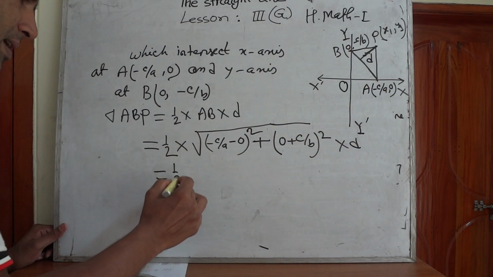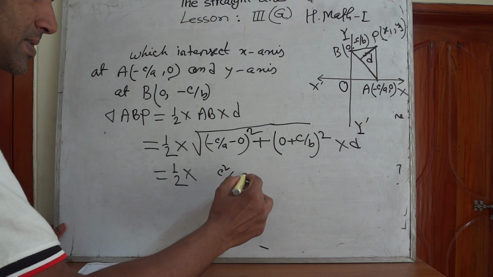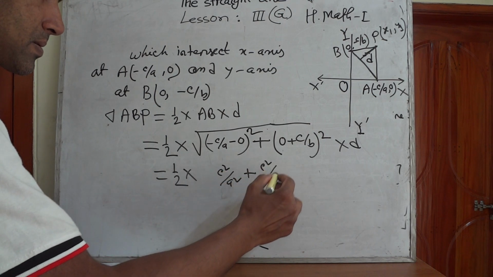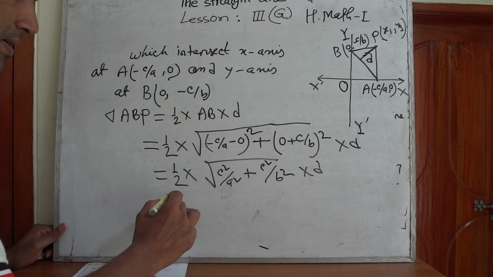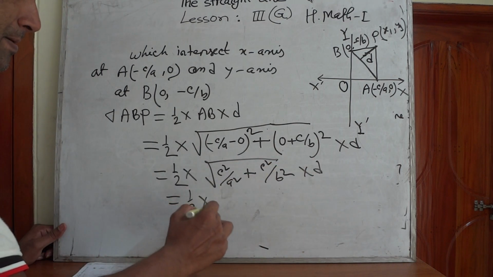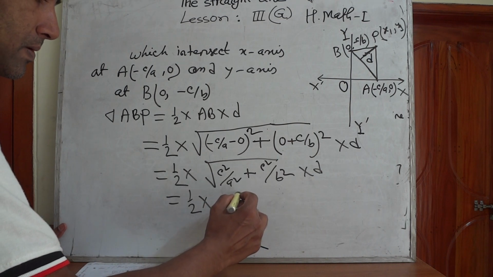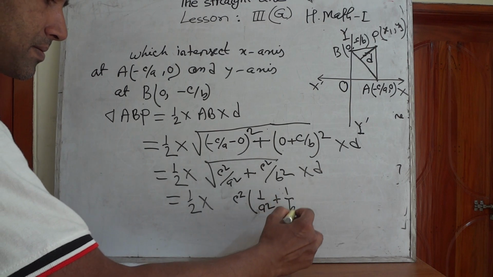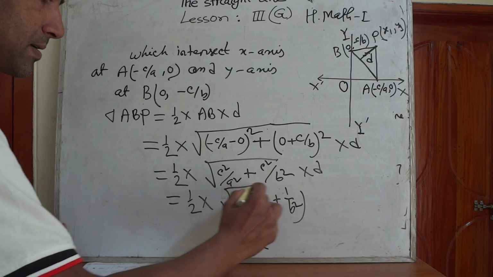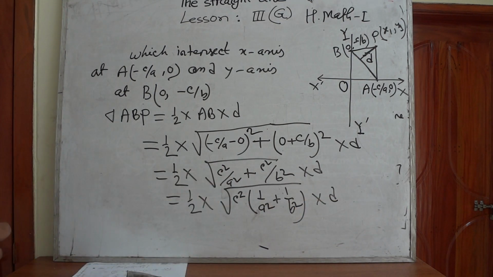This equals half into the square root of c square by a square plus c square by b square, into d. This is c square into 1 by a square plus 1 by b square. That means c square is common.